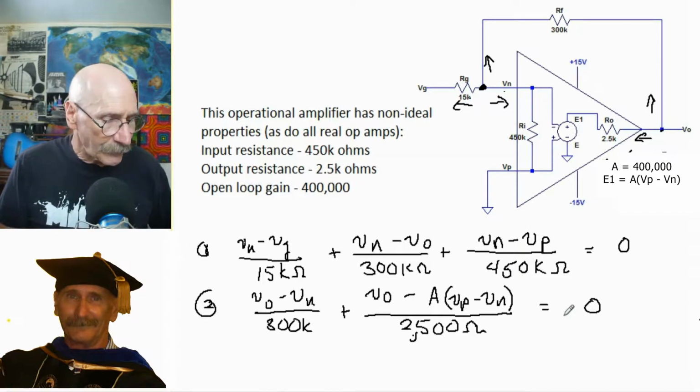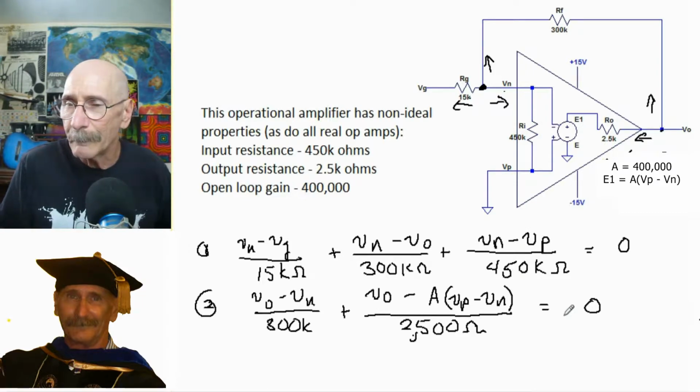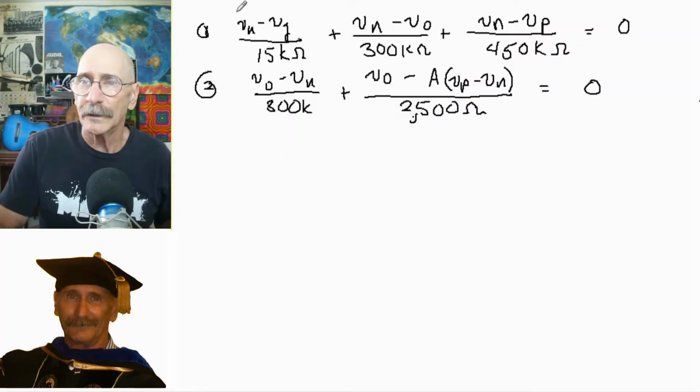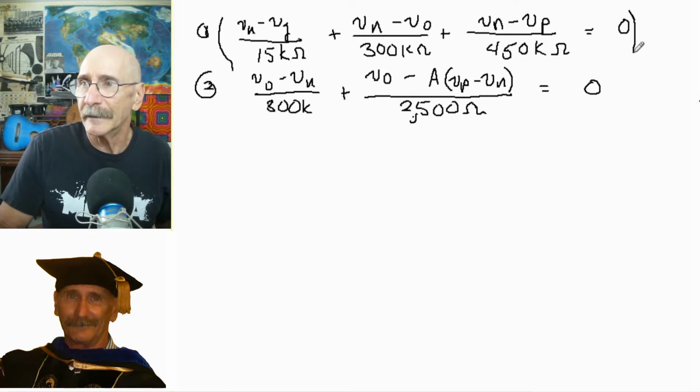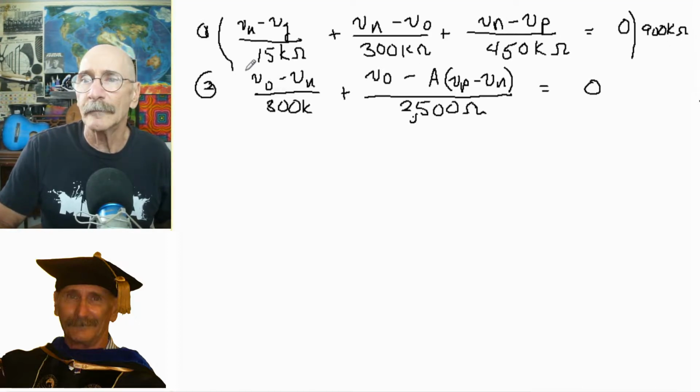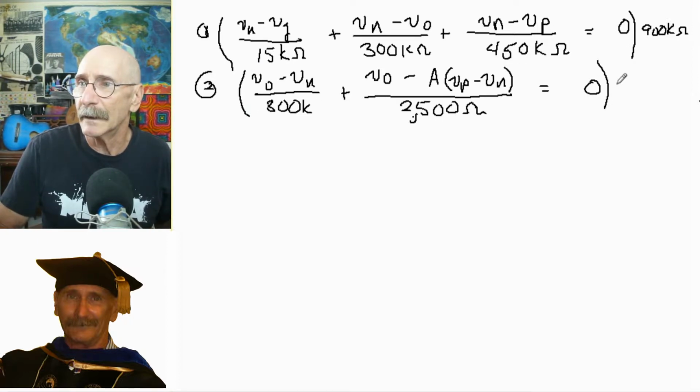Okay, so here are our two equations, equations 1 and 2. The first equation we're going to clean up by multiplying everything by 900k ohms, and the second one by multiplying everything by 300k ohms.